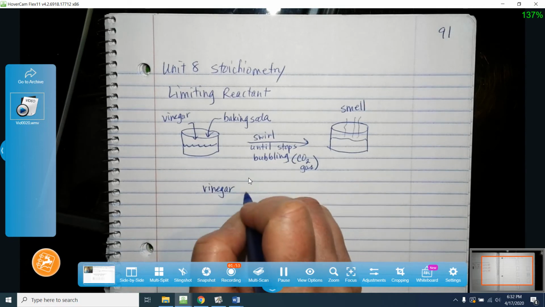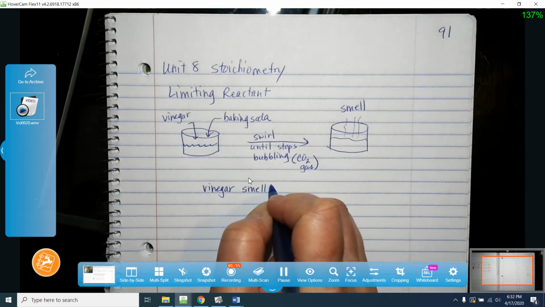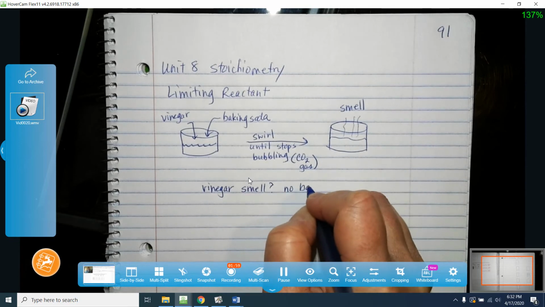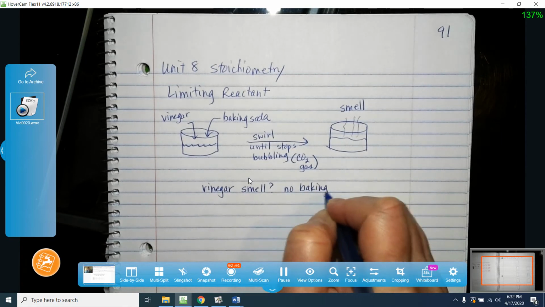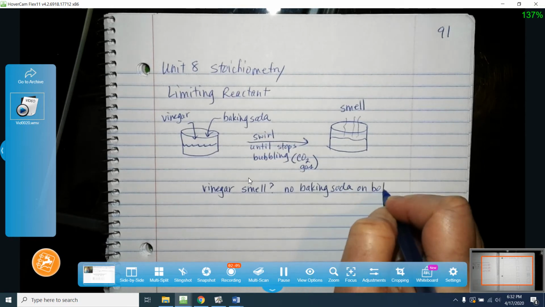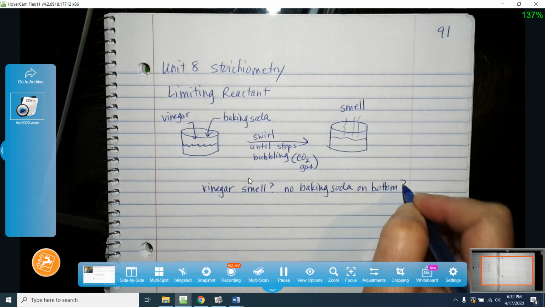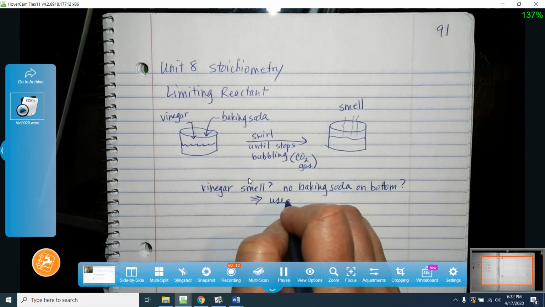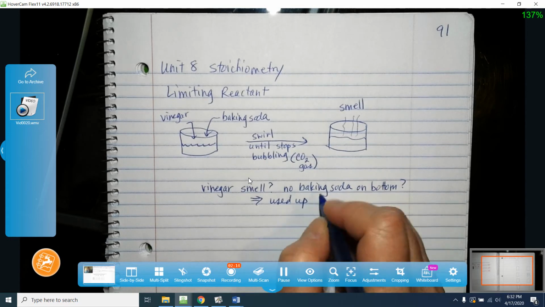Okay, so if you still have the vinegar smell and no baking soda on the bottom, okay, what that means is you used up the baking soda.